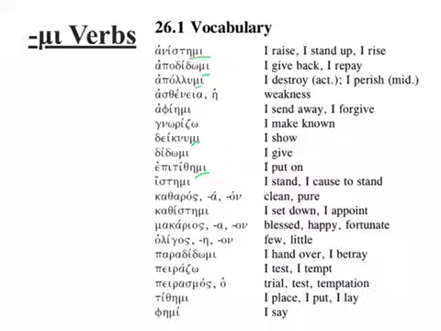I'm not going to get it right. What's the very first one pronounced like? What is the alpha? I have no idea. You don't know the sound of the alpha? No, it's an A. It's like an A.